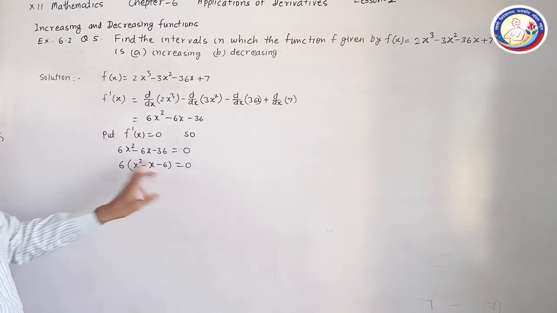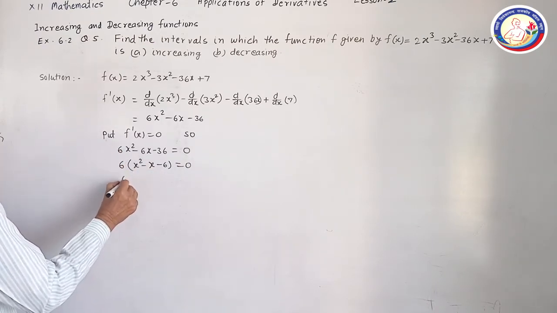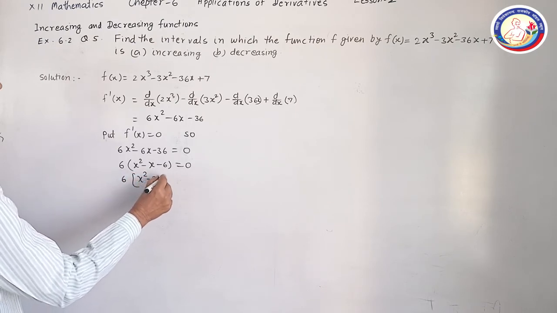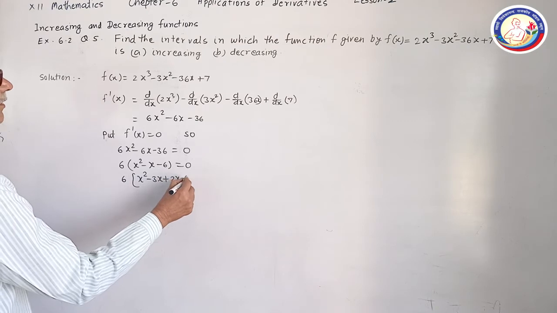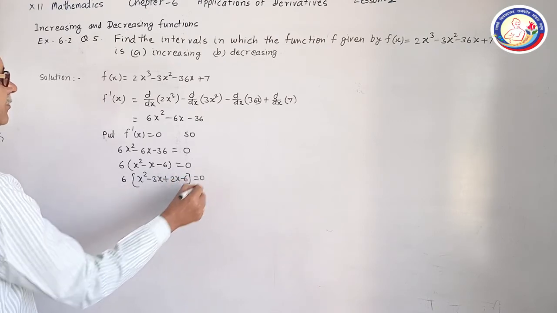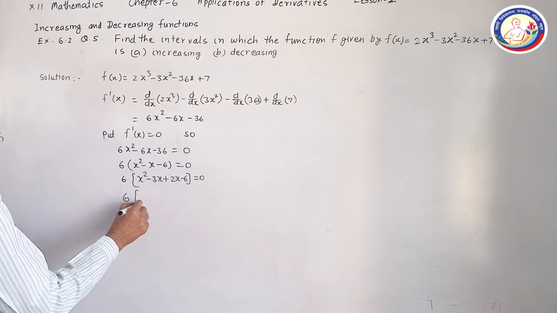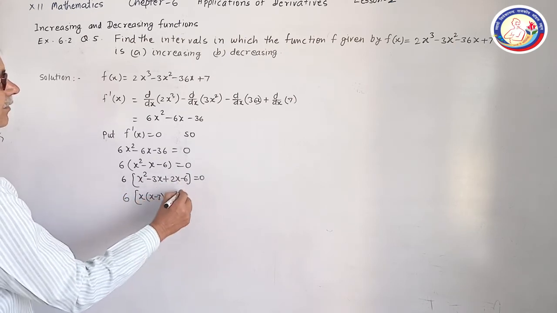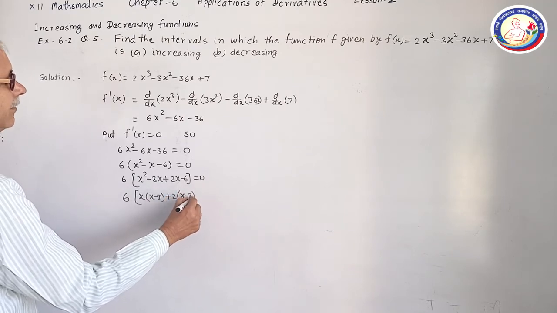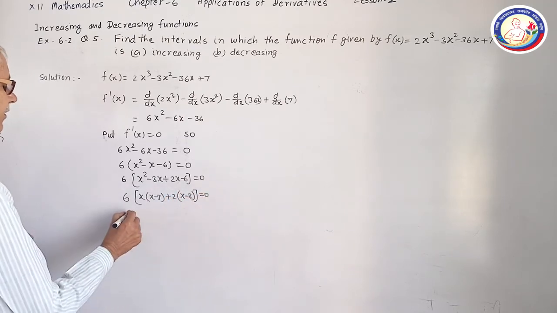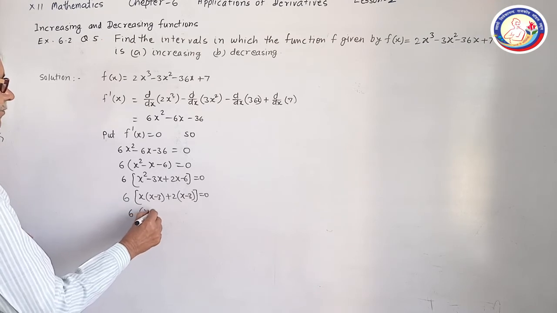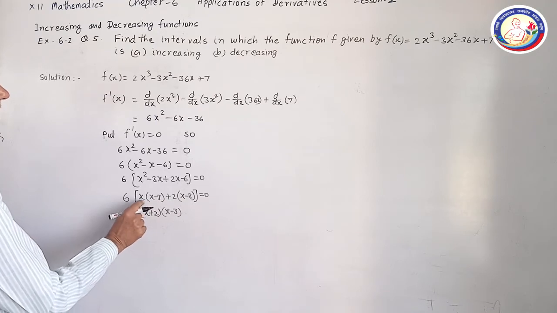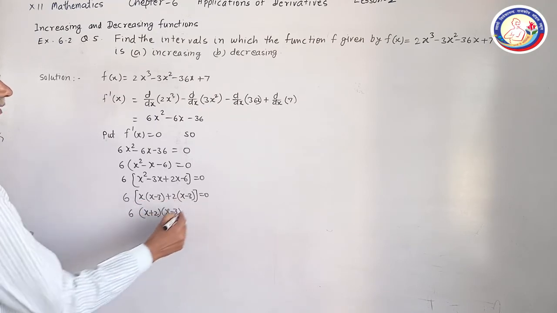Now we find the solution of this. 6 into x square minus 3x plus 2x minus 6 equal to 0. Now taking common, x minus 3 common here, x plus 2 and x minus 3 equal to 0. Now the factors are 6, x plus 2 and x minus 3.